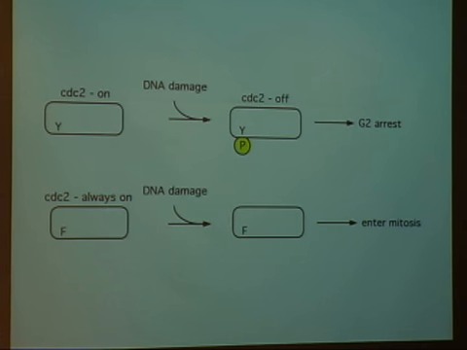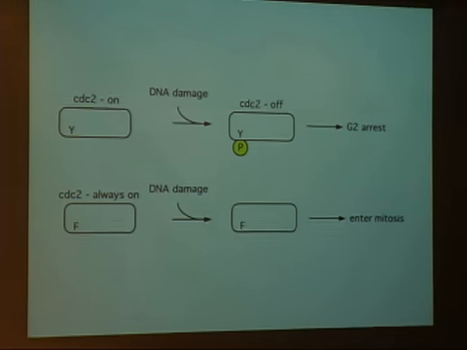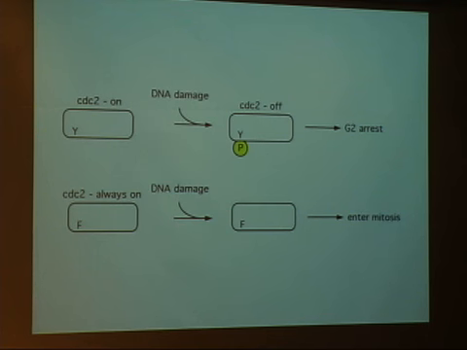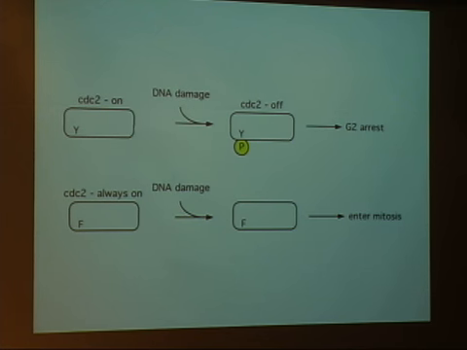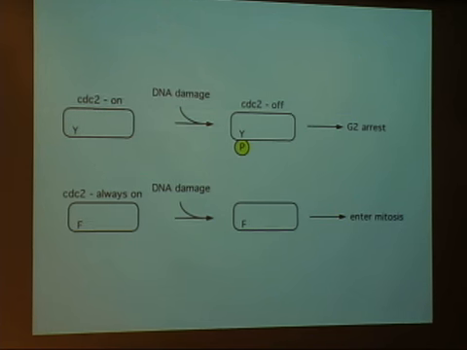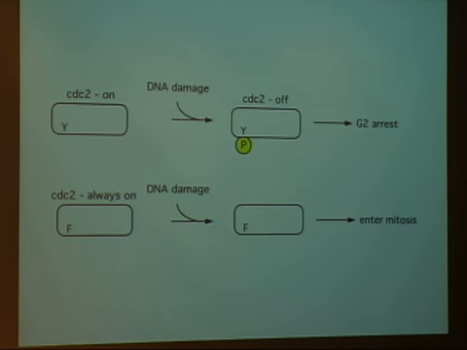Normally that's okay because, for reasons I won't get into in the interest of time, there are other mechanisms that limit CDC2 activation to just prior to entrance into mitosis. The interesting observation came, though, when cells expressing this mutant were exposed to DNA damage. They entered mitosis regardless of the fact that they had damaged DNA.